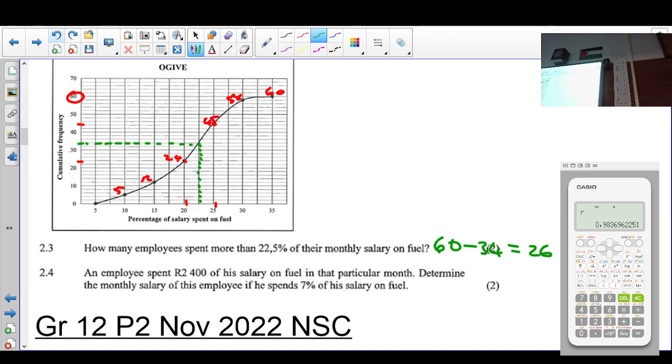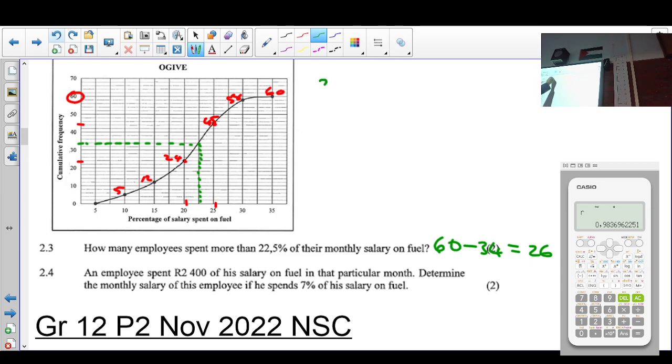Okay. Then we are told that an employee spends 2,400 Rand of his salary on fuel. In that particular month, 2,400 Rand, okay? Determine the monthly salary of the employee if he spends 7% of his salary on fuel.